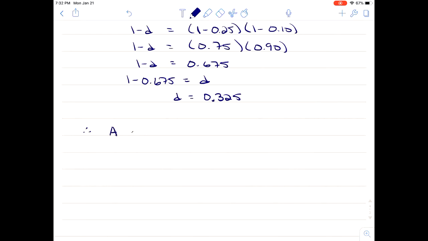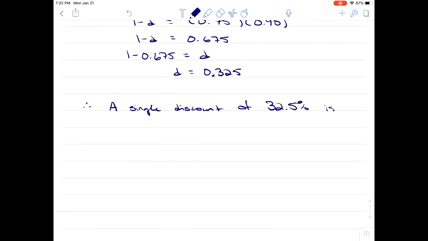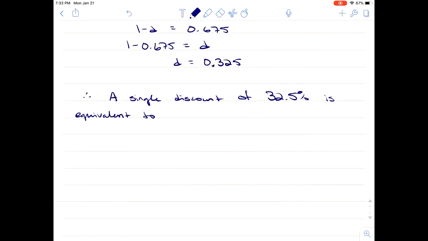Therefore, a single discount of 32.5% is equivalent to discounts of 25% and 10%.